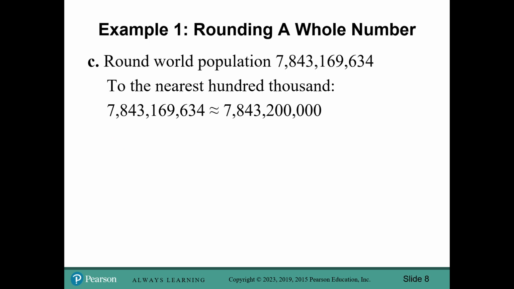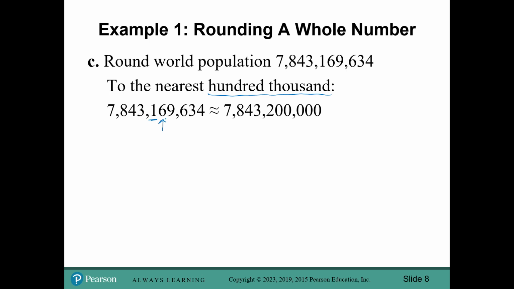Example C says we want to round the world population of 7,843,169,634 to the nearest 100,000. The 100,000 place is right here at this 1. Now we look at the number that comes after that, the number in the 10,000s place. That is a 6.